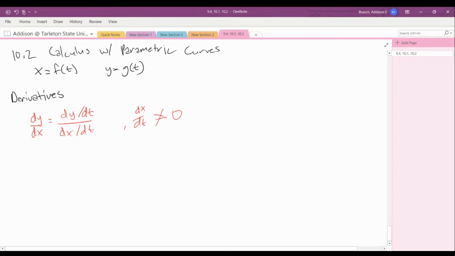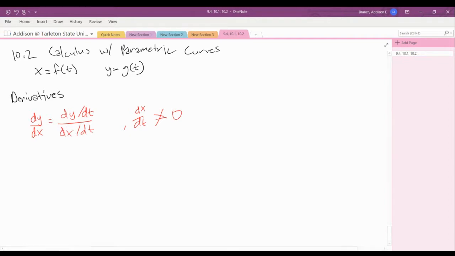This is essentially based on our chain rule, if you look that up in the book. Essentially, the derivative of our parametric curve will be the derivative of our y function divided by the derivative of our x function.